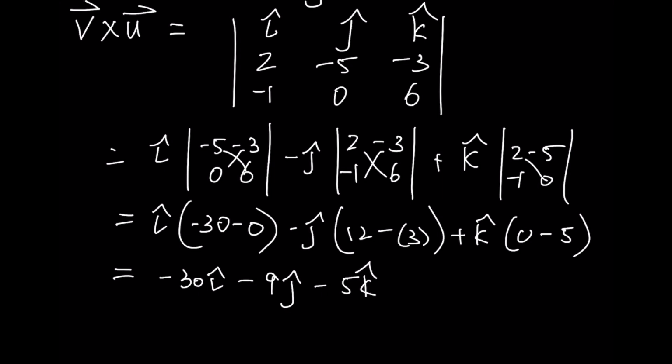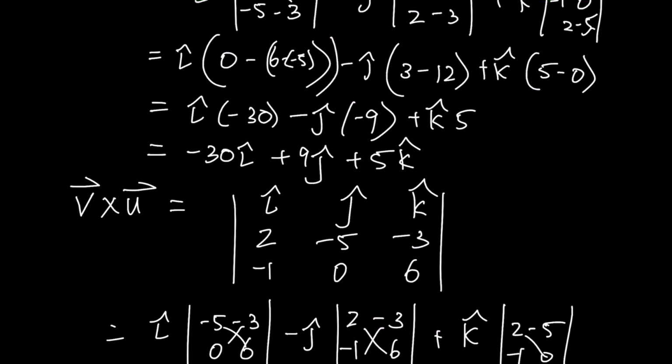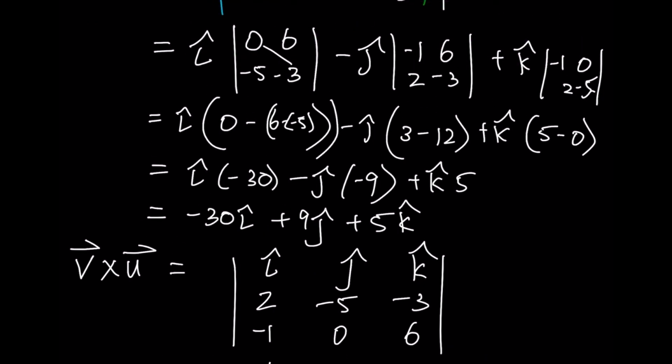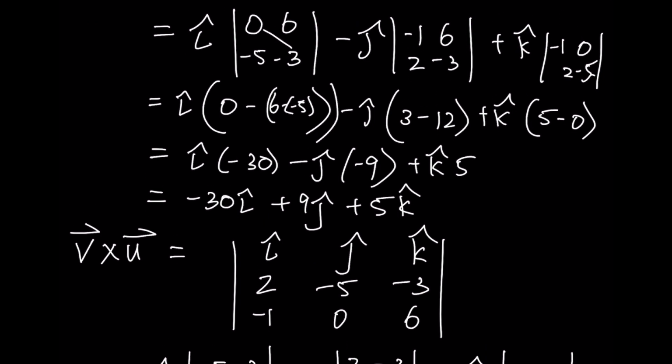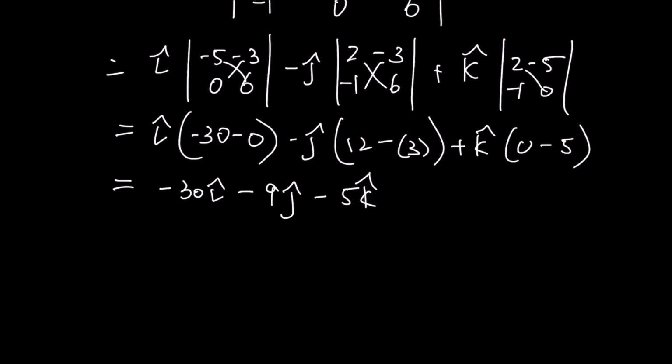And this is the opposite. Oops, I screwed up above. Here's where I screwed up. A negative times a negative gives me a positive. This has to be a positive. And now, shame on me, I get the right result. And this is, in fact, the negative of u cross v as expected.